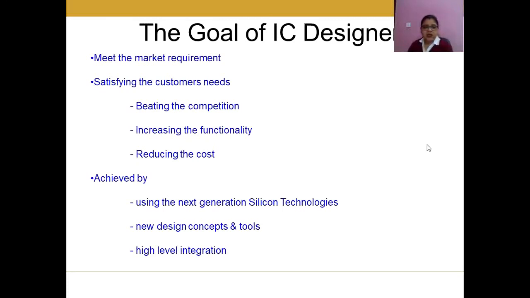And all these things are achieved by next generation silicon technologies, new design concepts and tools, and a high level of integration. These things are giving the roadmap to the future. They are opening the path of future trends, of how the VLSI field or industry will go in the future and how it will look.